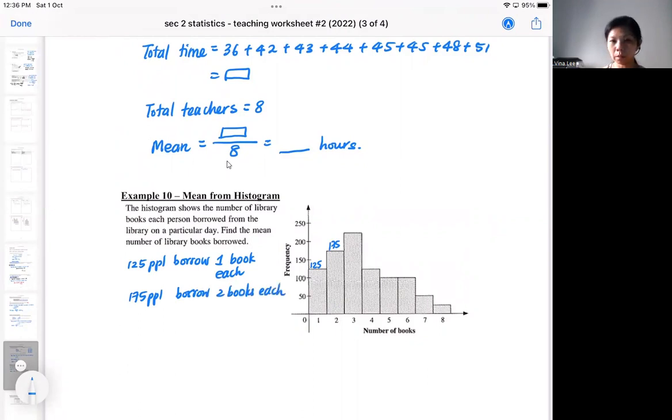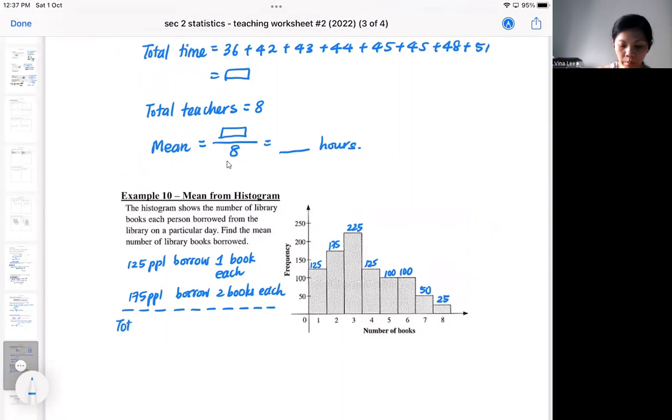So again, you actually need to get the total number of books and the total number of people borrowing the books. So you have to write down all the information first. After you write out the information, again, if you would like the average, you need to know the total number of books and the total number of people.